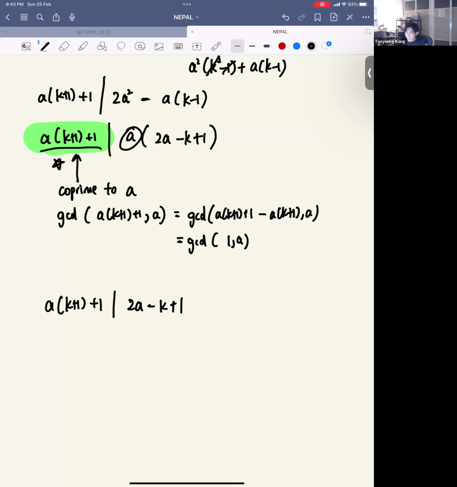And we can go back to our fact 2.3, right? So we already know that K is a positive multiple, so K is at least 1 already. Correct? Wait, I guess K can be 0 too. But if K is at least 1, we notice that the left-hand side is larger than the right-hand side.